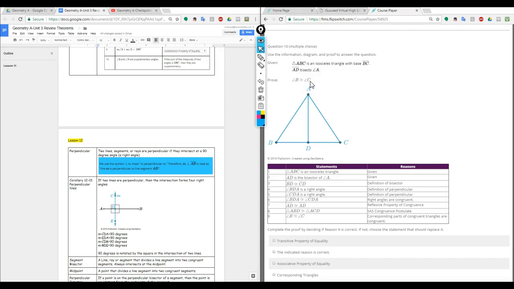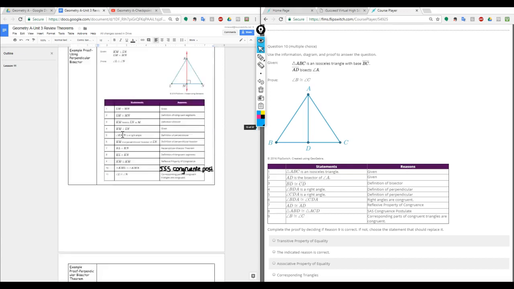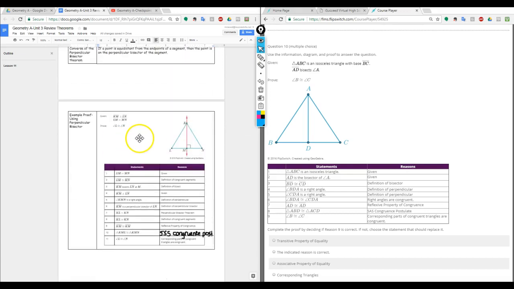Okay, so we need to complete the proof by deciding if reason 9 is correct. If not, choose the statement that should replace it. I'm going to look first in the review theorems for an example that has a triangle with an angle that's bisected. So if I scan it, that's using a perpendicular bisector.